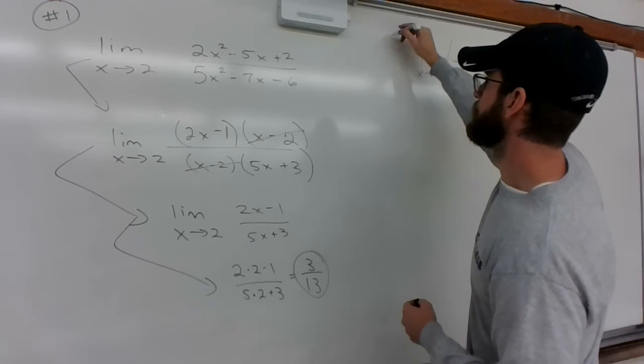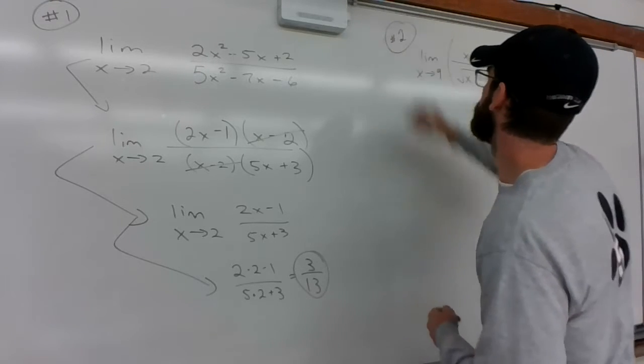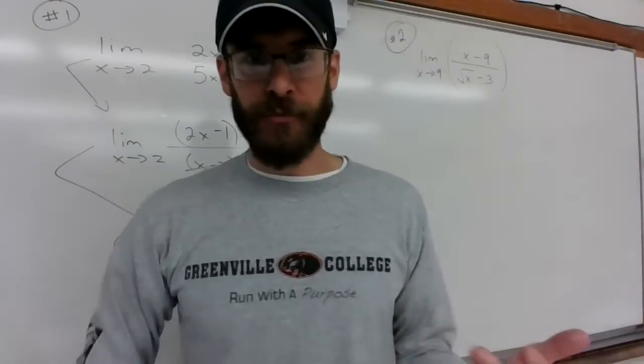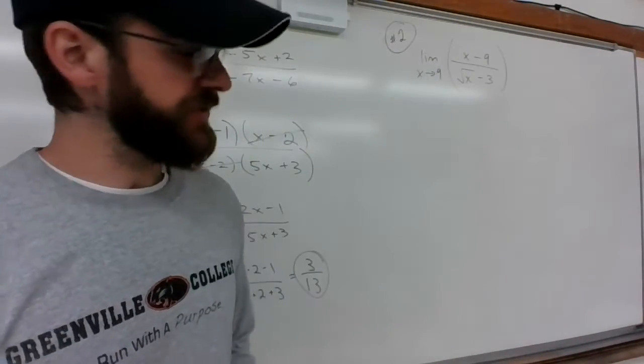We'll call this number 2. All right, so when I plug in 9 into the root, I get 3 minus 3 on the bottom, which is 0.